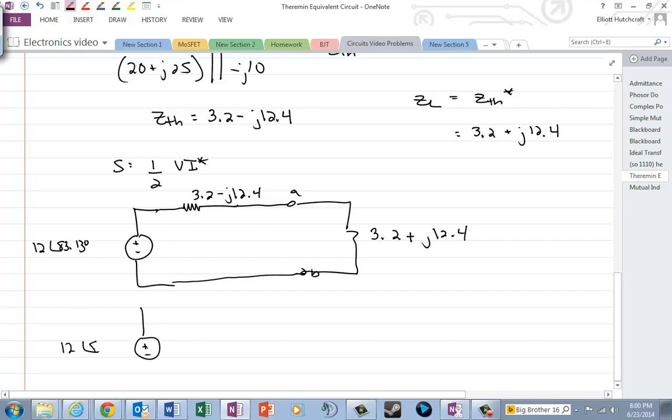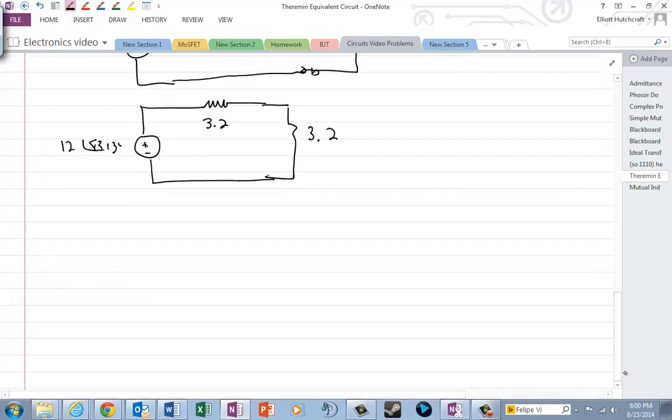We have 83.13 degrees. We have basically 3.2, and we have another 3.2, and this is simple. We get half of the voltage here, half of the voltage there. We need to find our number, so we'll take 1/2 VI conjugate. It's going to be purely real in this case.